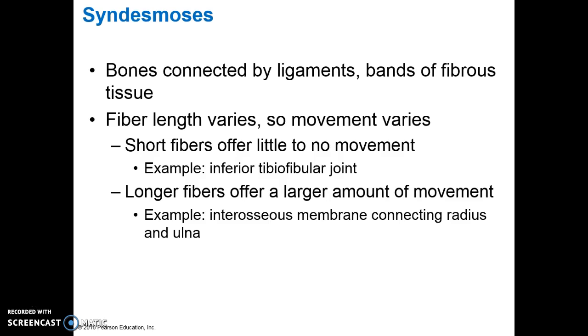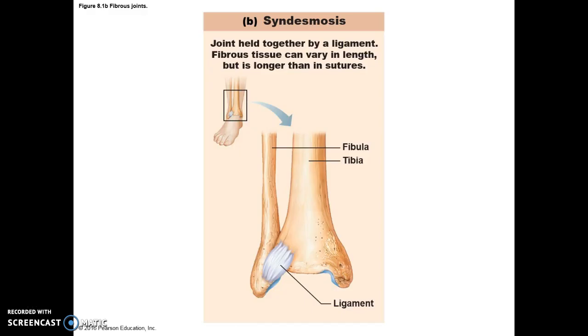Longer fibers offer larger amounts of movement, and this would be the interosseous membrane connecting the radius and the ulna, which actually separates the anterior compartment from the posterior compartment of the antebrachial region, better known as the forearm.